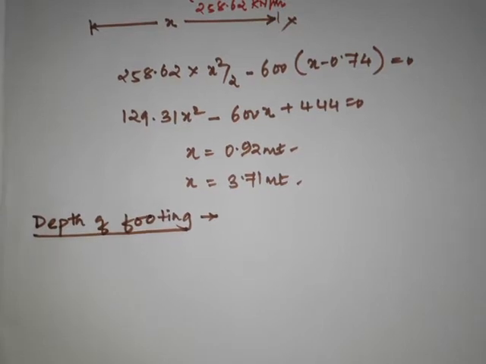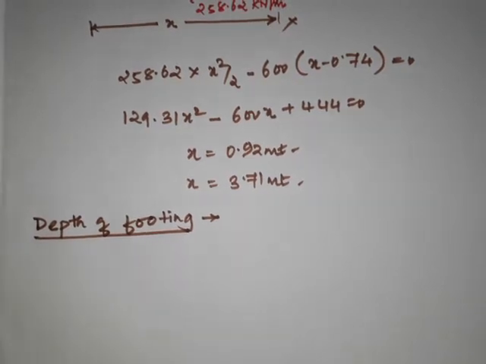There are two ways of calculating the depth. Either you equate Mu to the limiting moment of resistance, Mu equal to Mu limit, and from that you get the depth, and you double or increase the depth of footing.